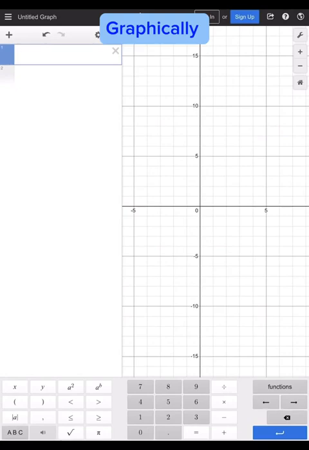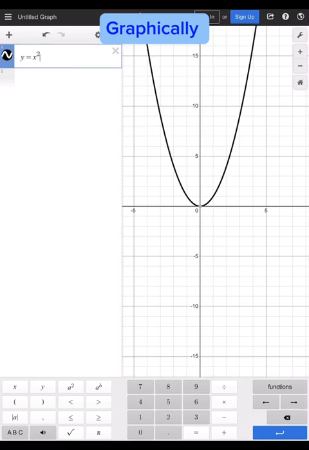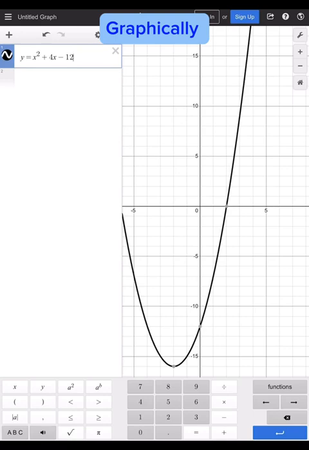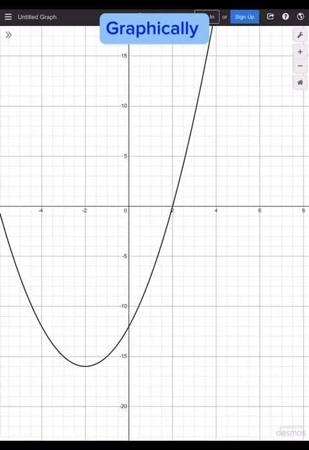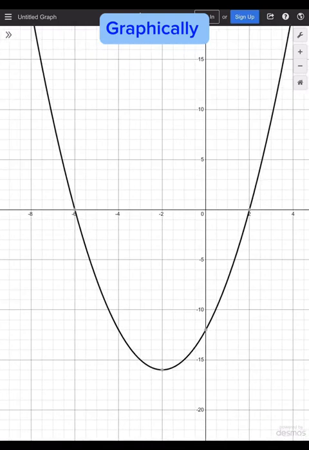Okay, next up let's have a look at solving graphically, and to do that we are going to need to know what the graph of this quadratic looks like. So let's type it in: y equals x squared plus 4x minus 12, and we get a parabola. So let's have a look at where this graph crosses the x-axis.